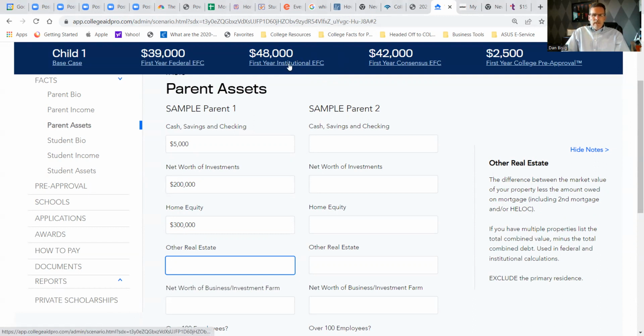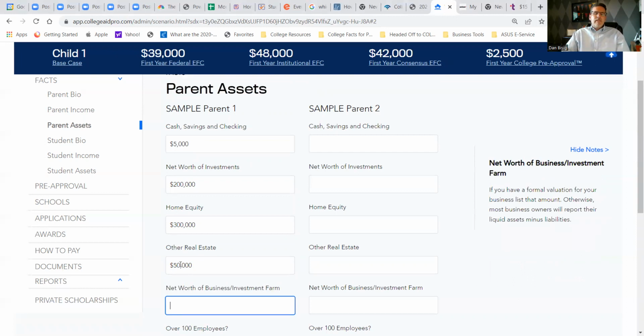So you do need to know that every single college in this category, from the CSS profile standpoint, there's about 200 to 300 colleges and institutions that in addition to requiring the FAFSA, they also require the CSS profile. Let's also say that maybe you've got a second home that has maybe $50,000 worth of value.